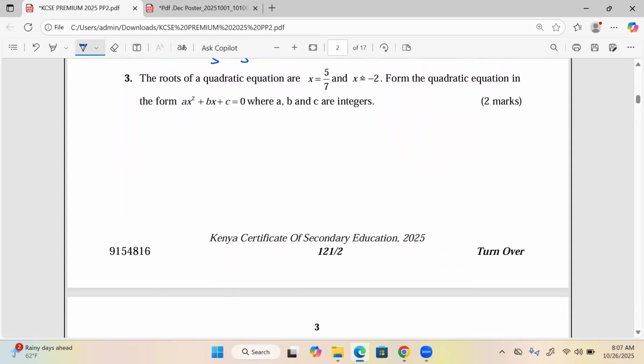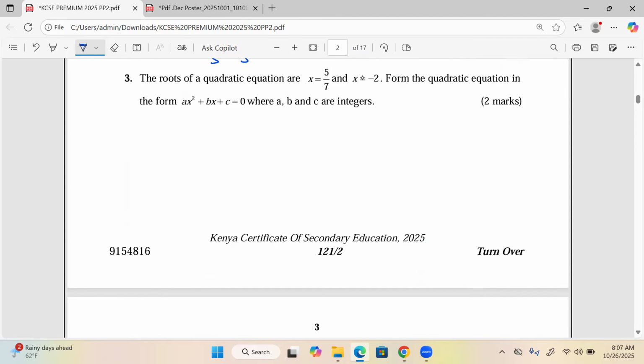Number 3, the roots of a quadratic equation are x equals to 5/7 and x equals to -2. Form the quadratic equation in the form ax squared plus bx plus c equals to 0, where a, b, and c are integers. Okay.